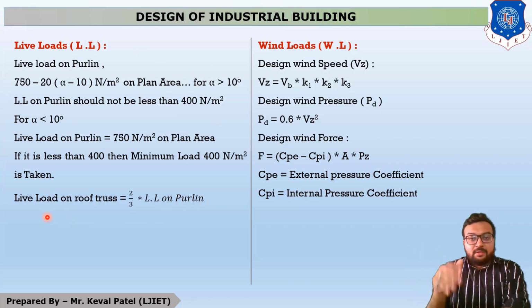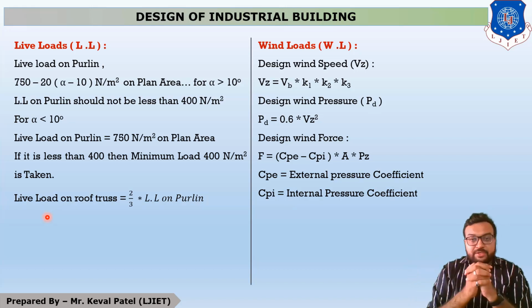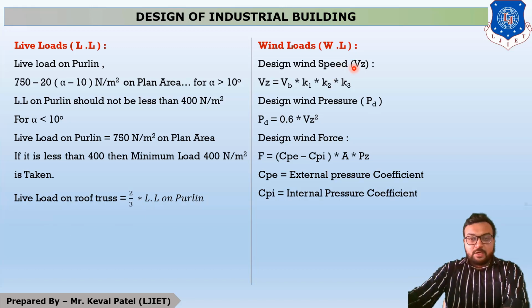Okay, and our last load is the wind load calculation. In wind load calculation, there is 80 percent similarity, which will be discussed in our semester 7. In semester 7, our first step is to find the design wind speed, denoted by Vz or Vd.